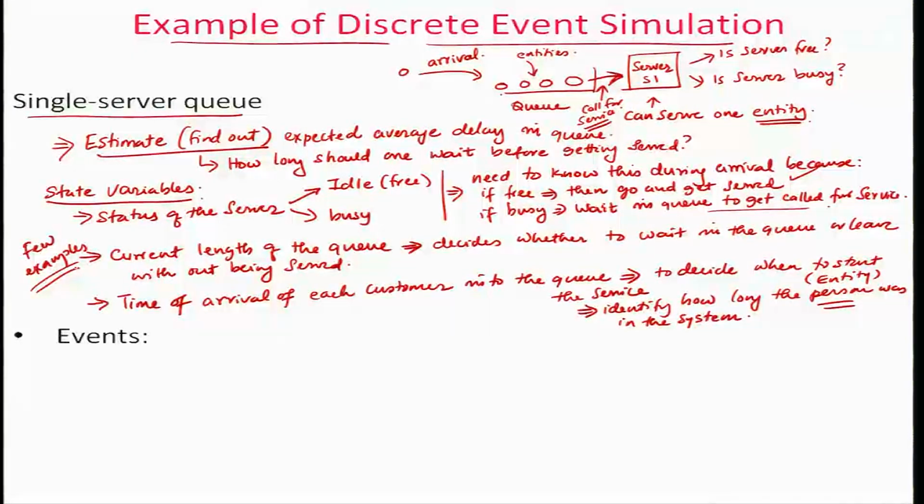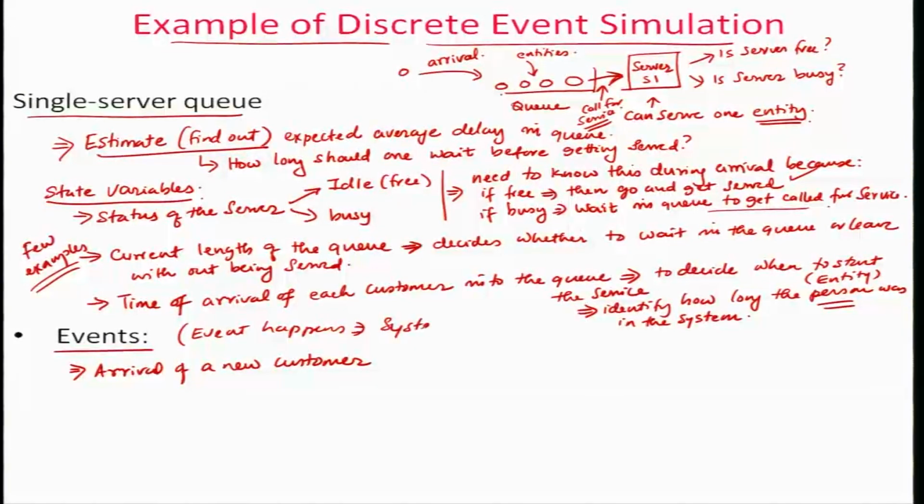Similarly, about events. Some of the major events are the arrival of a new customer. When an event happens, it implies the system state changes. When a new customer arrives, the number in the queue goes up by 1.